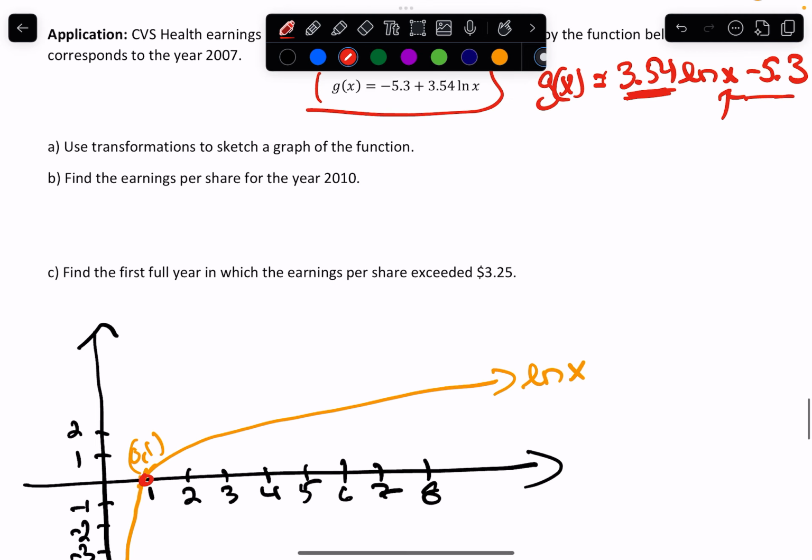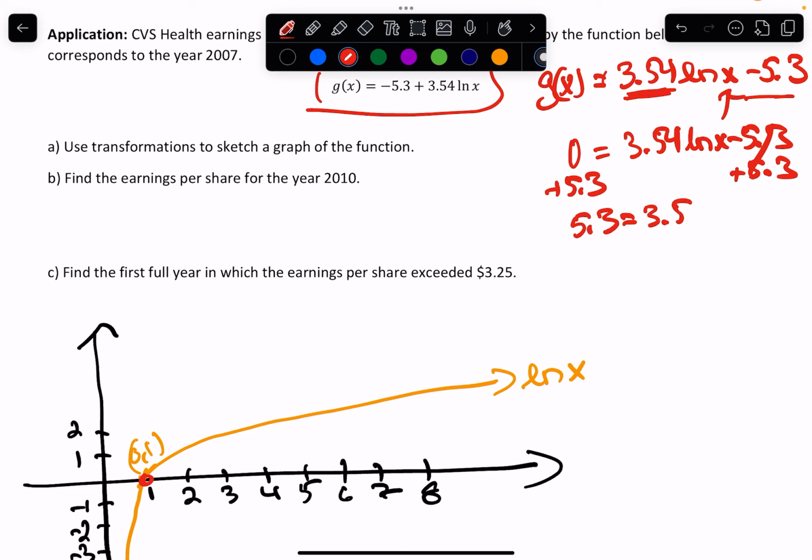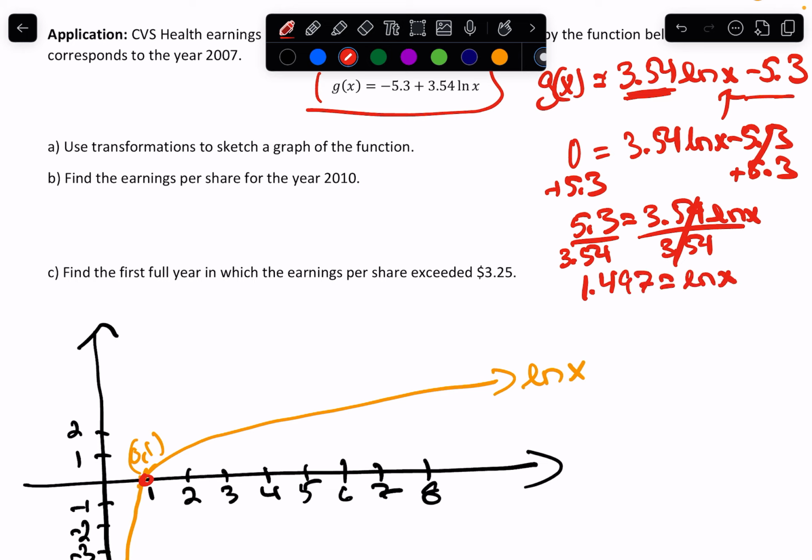But to make sure, we can always set y equals 0, so 0 equals 3.54 natural log of x minus 5.3. I'm going to add 5.3 to both sides, so we get 5.3 equals 3.54 natural log of x. We're dividing by 3.54, so we get 1.497 equals natural log of x. Now e to the power of 1.497 would equal our x.